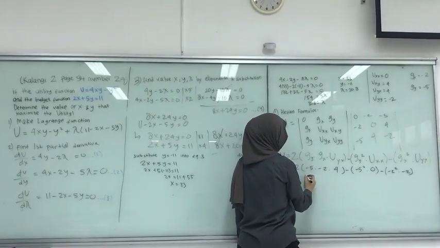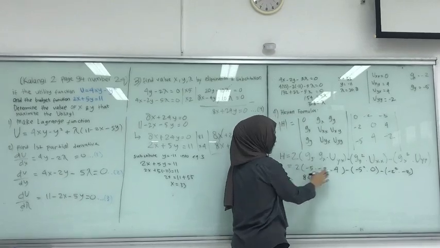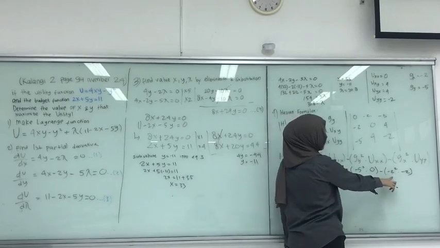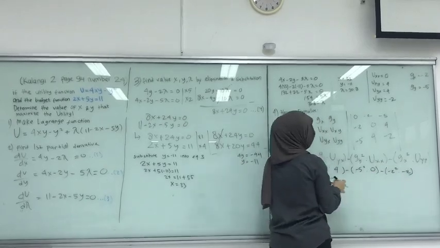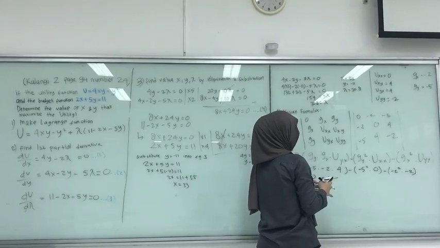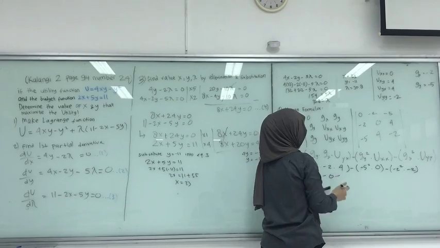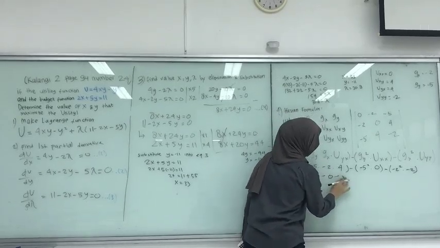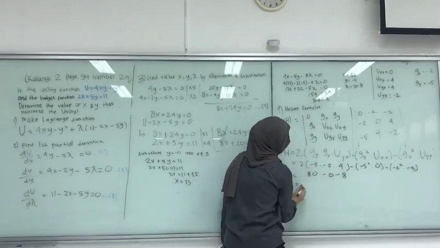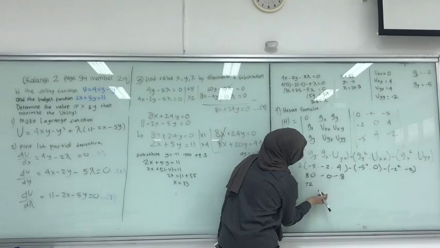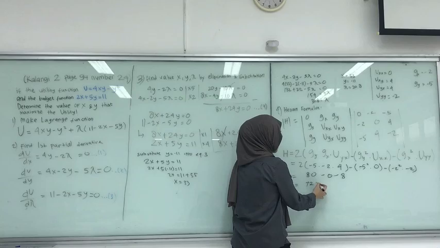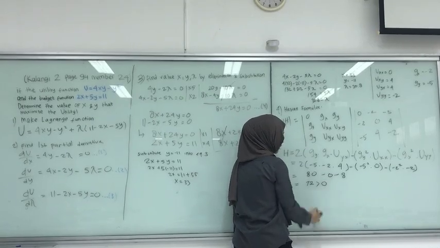It's gonna be 80 minus 0 minus, wait, 8 minus 8. The result is 72, which is greater than 0.